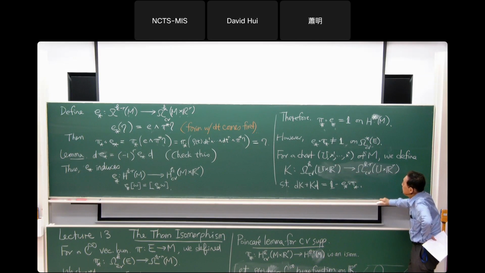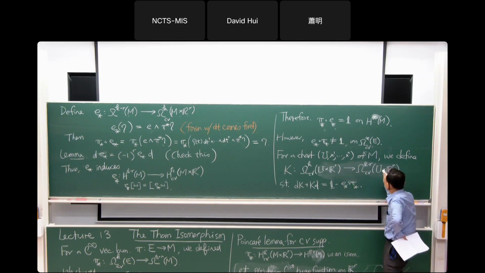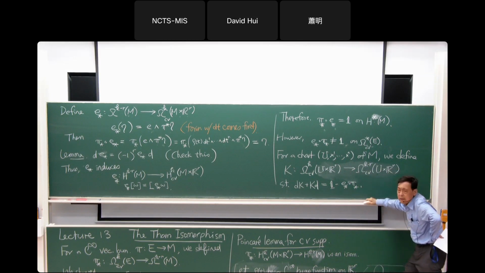Now when R is 1, it's exactly the same formula as for cohomology with compact support.